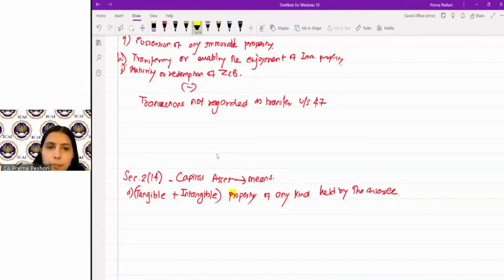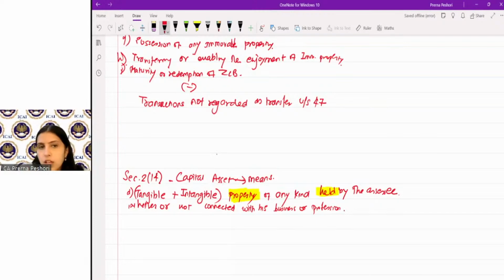Capital asset means property of any kind held by the assessee, whether or not connected with his business or profession. Whether or not connected with his business or profession. So it means property of any kind held by the assessee. Property could be tangible or it could be intangible. Clear?